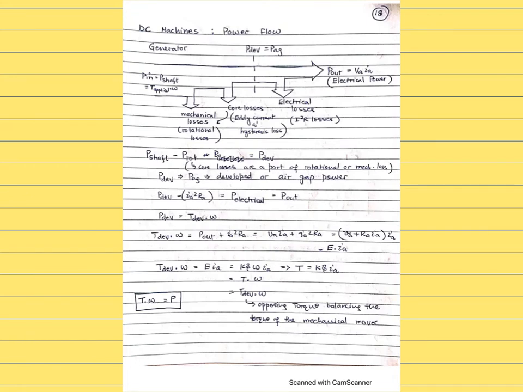Now we're looking at the power flow in electrical machines, in a DC machine in fact, and we're looking at the generator first. What does a generator do? A generator takes in mechanical power and converts it to electrical power.